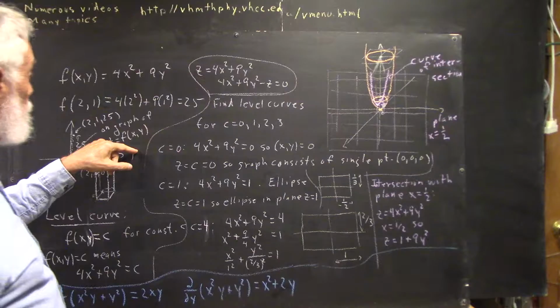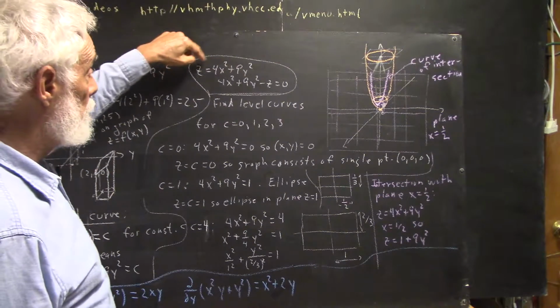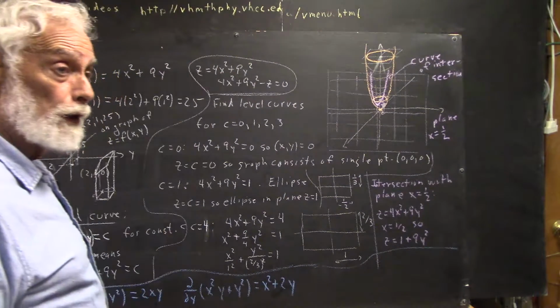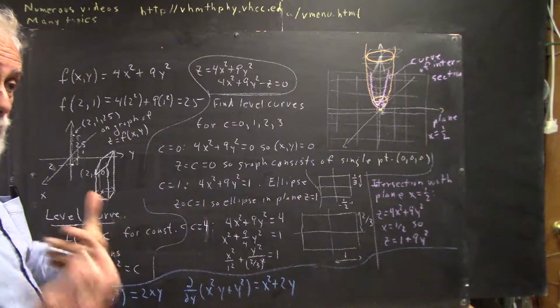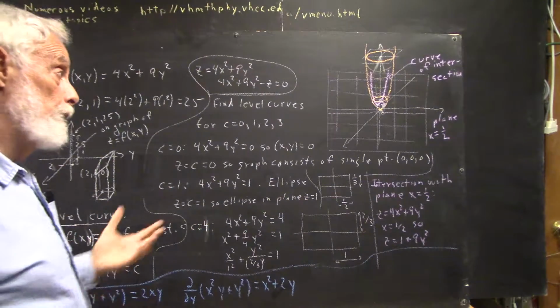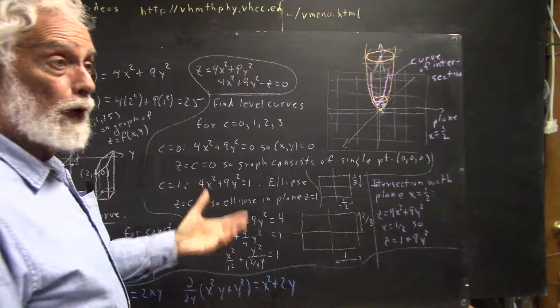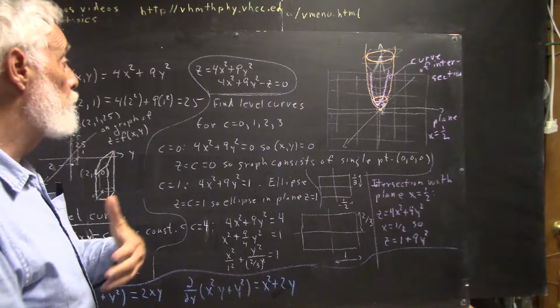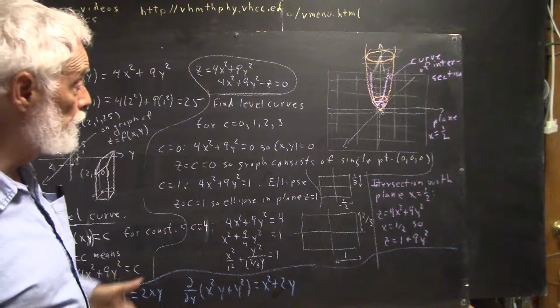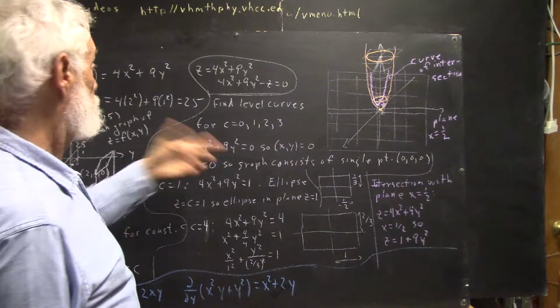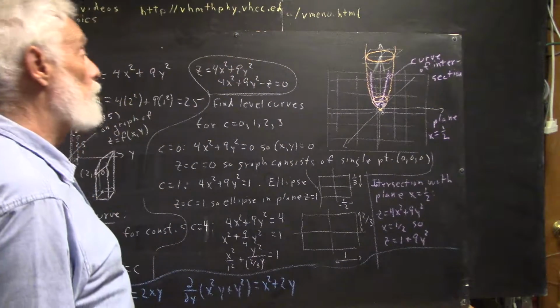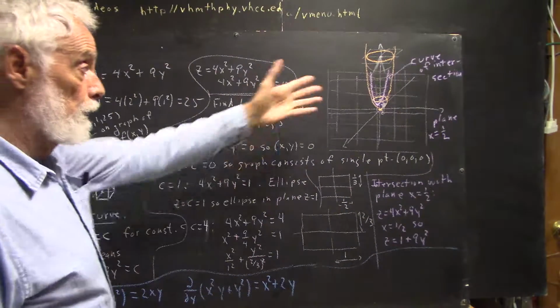Well, z equals f of x, y becomes z equals 4x squared plus 9y squared. What kind of a graph do we get from that? Well, if we put it into standard format, we see very clearly it's a graph of a quadric surface, and if you're pretty good with quadric surfaces, as many of you seem to be, we can see that this is going to be an elliptic paraboloid, and it's going to look something like that.